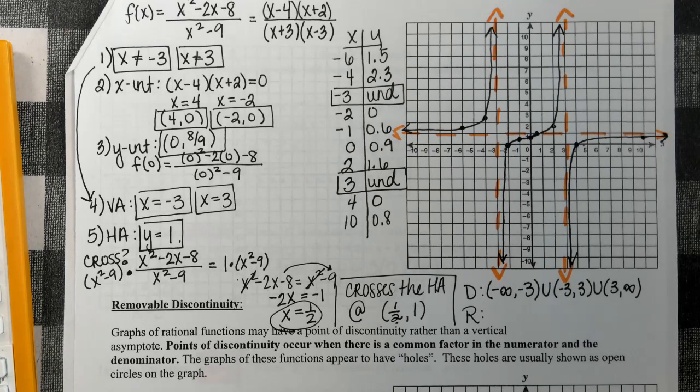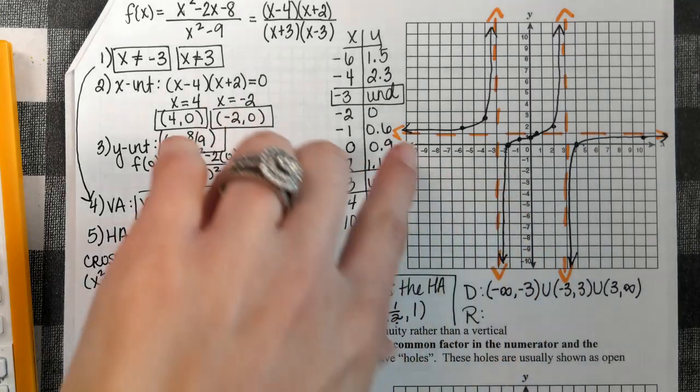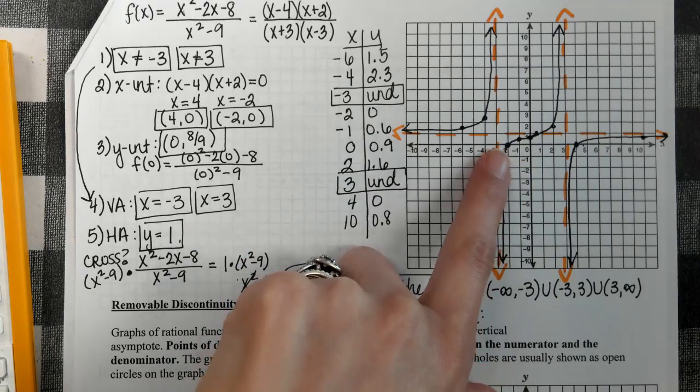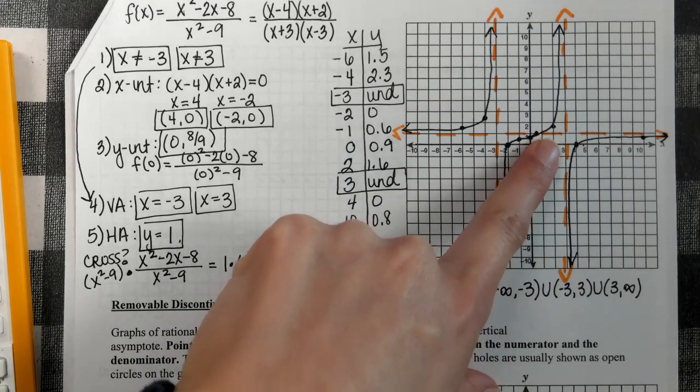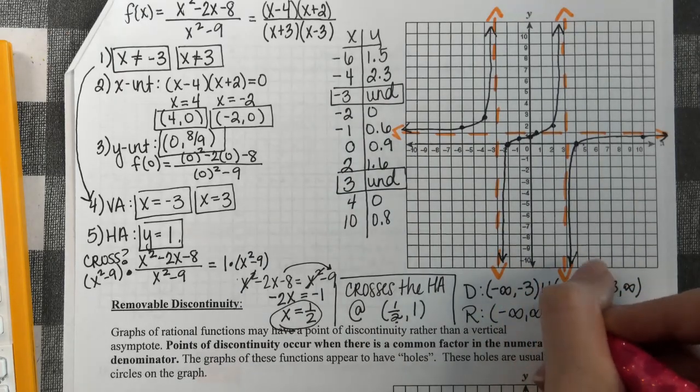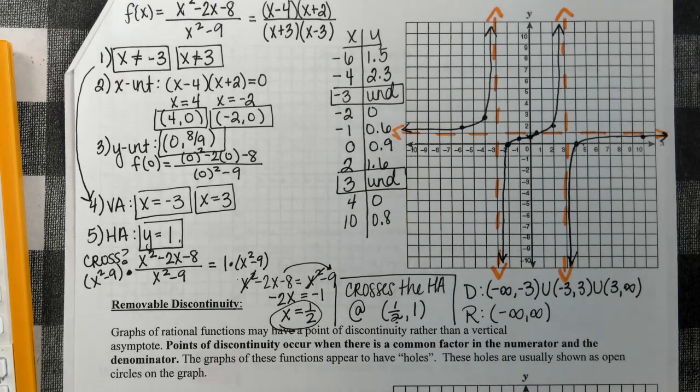The middle. So if the middle didn't look like that, then we would have a restriction on y equals 1. But because it crosses that horizontal asymptote, I can put -infinity to +infinity for my range. You understand that?